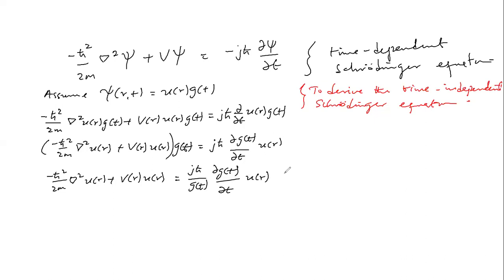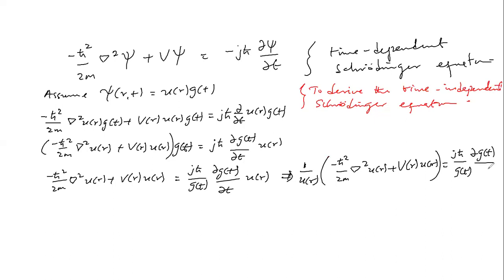Now, we can equally represent this to imply 1 over u(r). Should we move this, we know we just collected like terms? Negative h cross squared over 2m nabla squared u(r) plus v(r) u(r), which is the same as j h cross over g(t), the dg/dt. Okay?